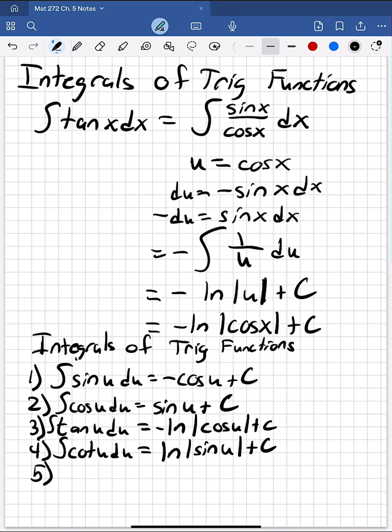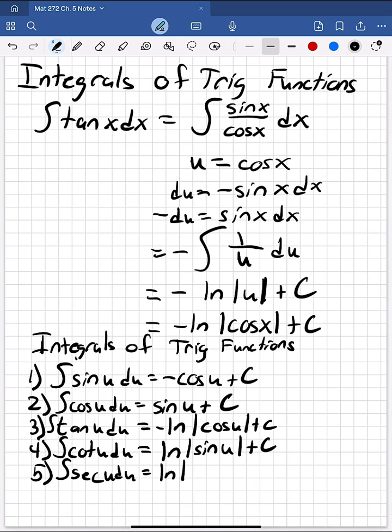And then we have secant. So we have secant u du is equal to the natural log of secant u plus tangent u plus c.